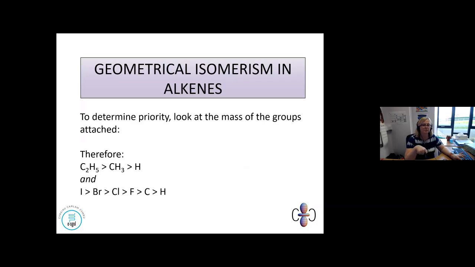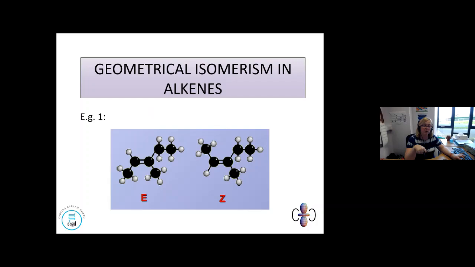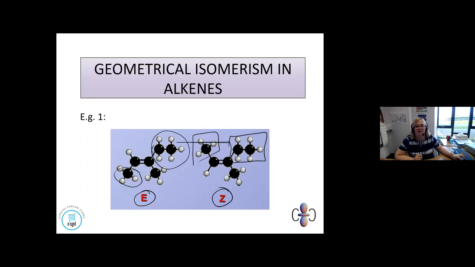So example 1, you can see I've got a big chunky group at the bottom, but if you look at the other side, the chunkiest group is at the top, so opposite, so that represents an E isomer. In this one, the chunkiest or heaviest one is at the top, and the other big chunky one is at the top again. So that represents a Z isomer.